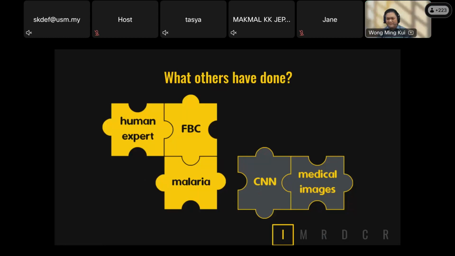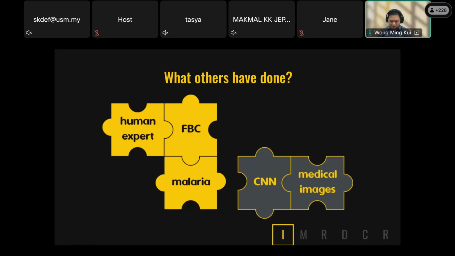In radio imaging, they use CNN for tumor detection, or to enhance X-ray or other images, so that it is easier for the human to interpret the images.